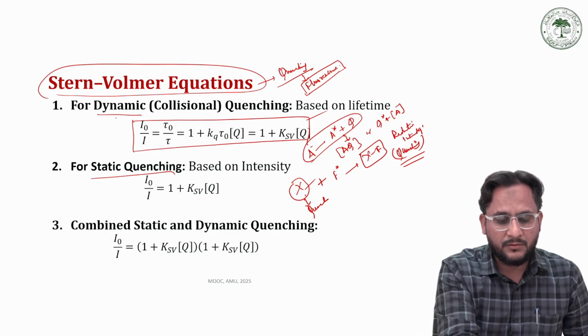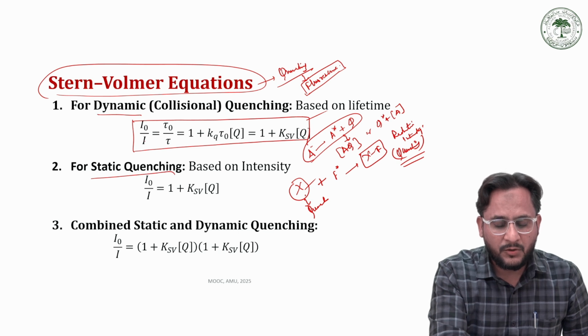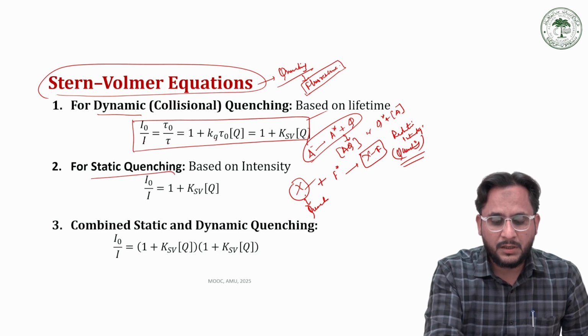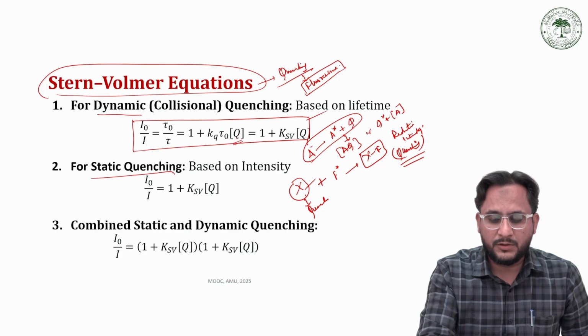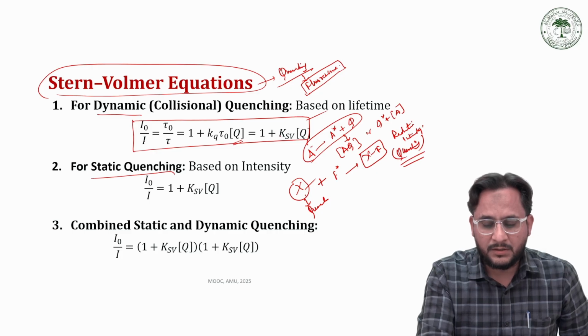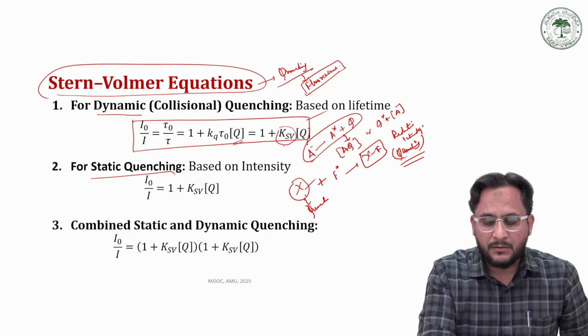According to this equation, for dynamic quenching, I0/I is equal to tau0/tau, which is equal to 1 plus kq tau0 [Q], where [Q] is the concentration of quencher, and it is also equal to 1 plus Ksv. Ksv is the Stern-Volmer constant.